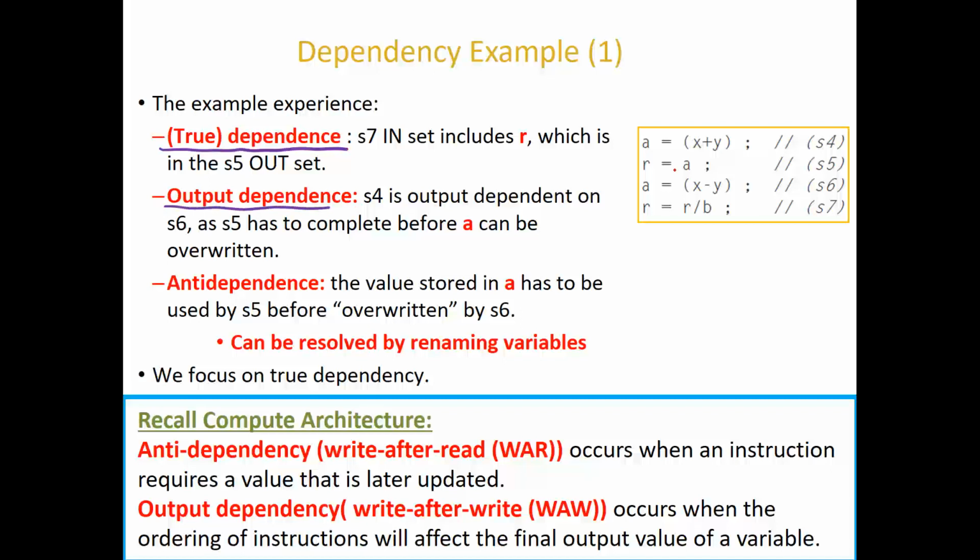Notice that in these statements we are adding x and y, saving it to a, and a is copied to r, and we subtract x and y and save it to a, and r divided by b goes to R. Here, this instruction writes to A, and this instruction writes to A, so there is an output dependence.